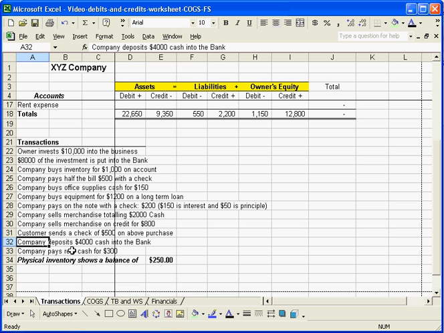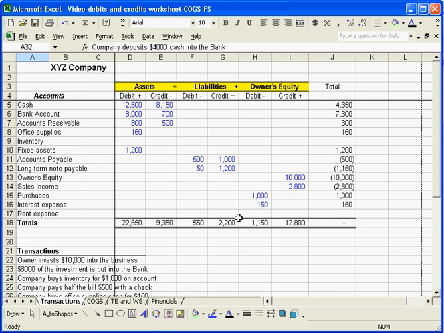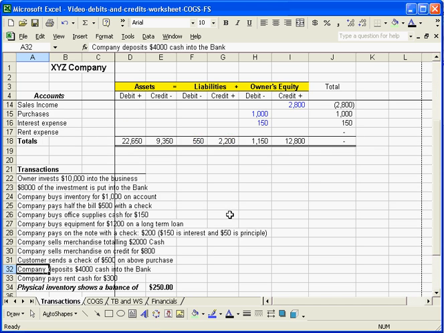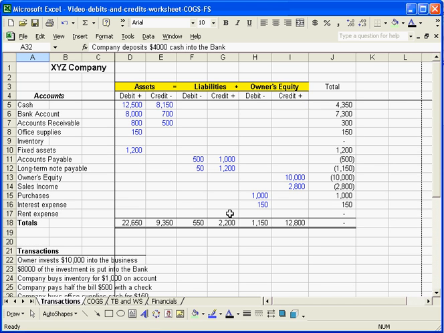Now the company, you as the owner, take a look at your balances, and then you realize, whoa, we have too much cash on hand. We don't want people to be tempted to turn around and try to steal the money. So we're going to deposit $4,000 of this excess cash in the bank. That should be relatively easy. We are going to increase the bank account, because that's where the money is going.